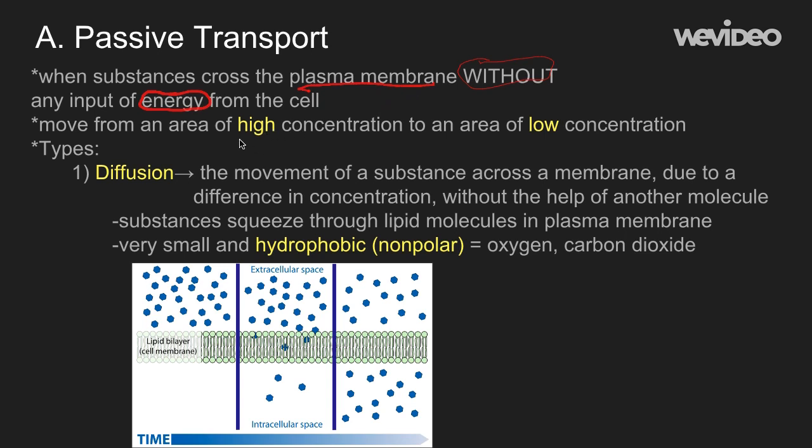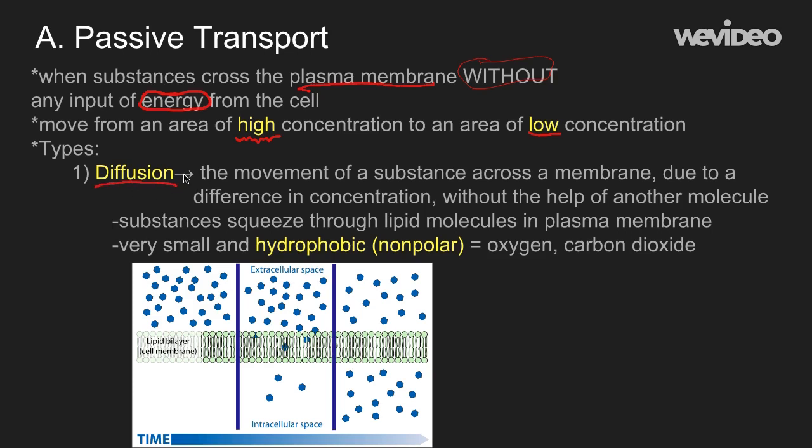Most of the time they're going to go from where there's a lot of them in a certain area, so we call that concentration, how much of something per volume. So from where there's a high concentration to an area where there's not as much, a low concentration.